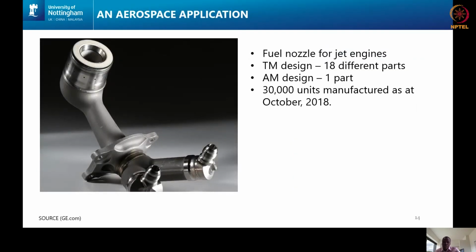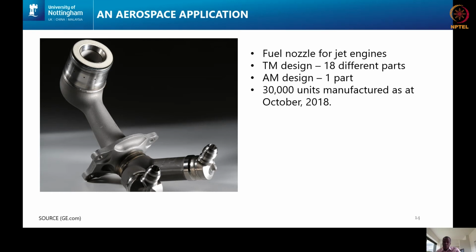Another very good example from the aerospace industry is the fuel nozzle made by General Electric. This is a well-cited application. In the same manner, the traditional manufacturing design consisted of 18 different parts, and those parts have now been consolidated into one with the capabilities of additive manufacturing.